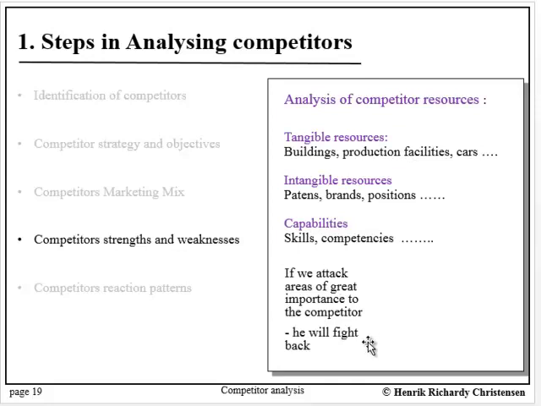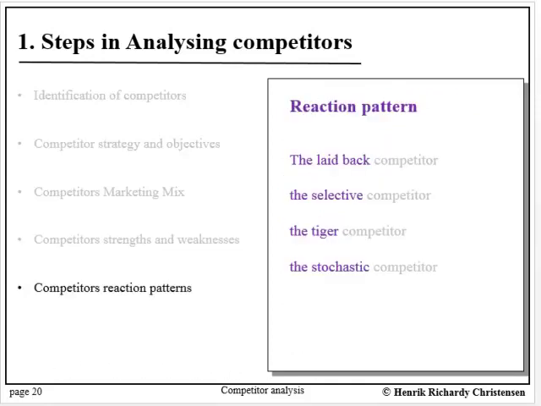So therefore, understanding the resources and understanding the strengths and weaknesses also helps us to understand the reaction patterns, which is basically the next point here. And we have 4 types. Competitors often have one of these.